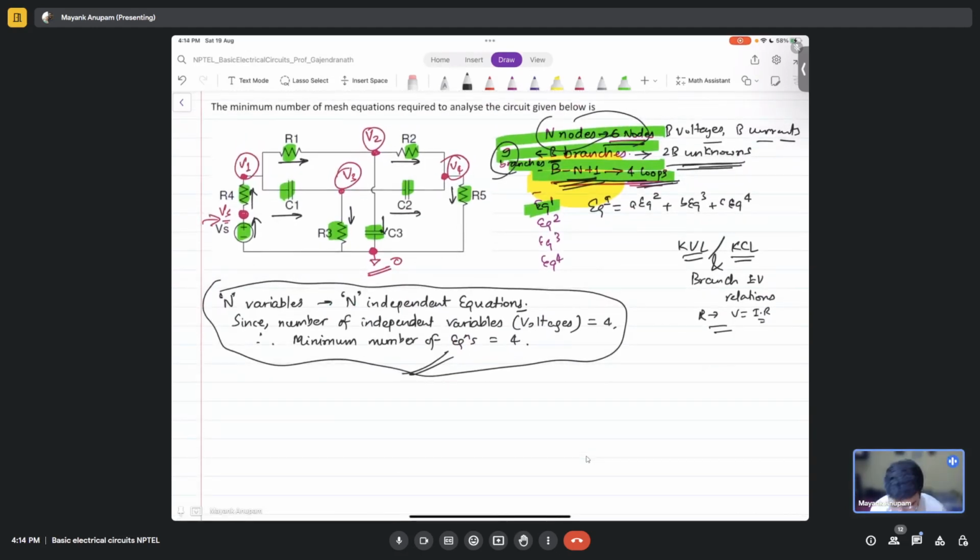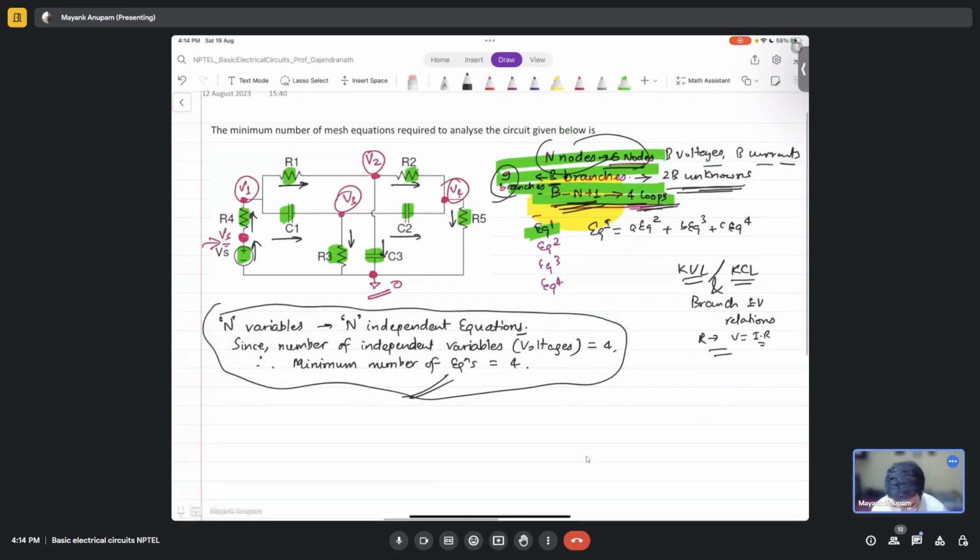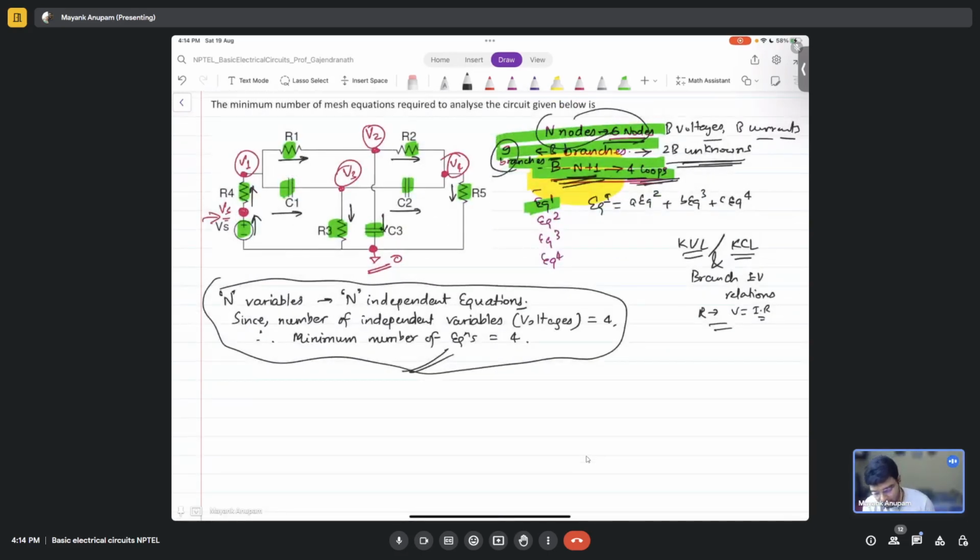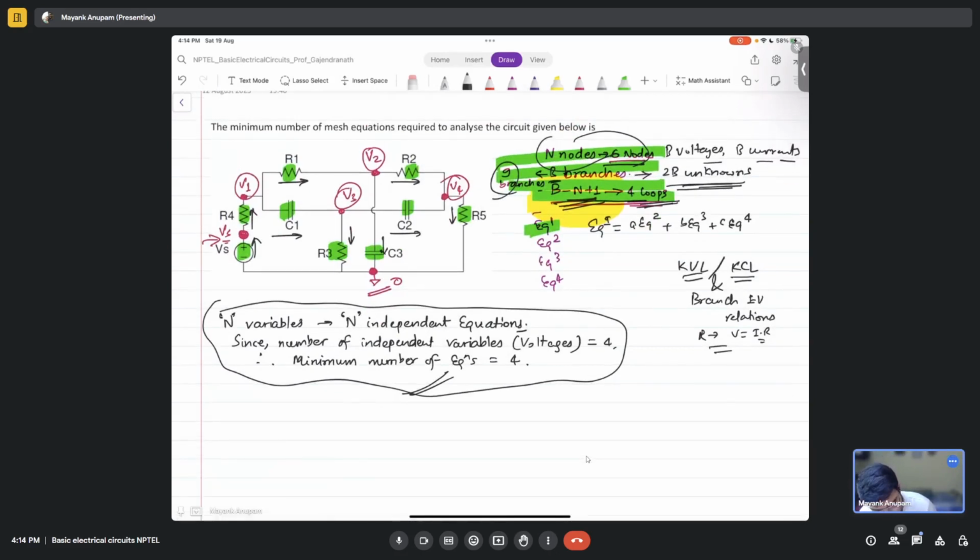What I also said was that in this circuit we have only 4 independent variables: v1, v2, v3, and v4.